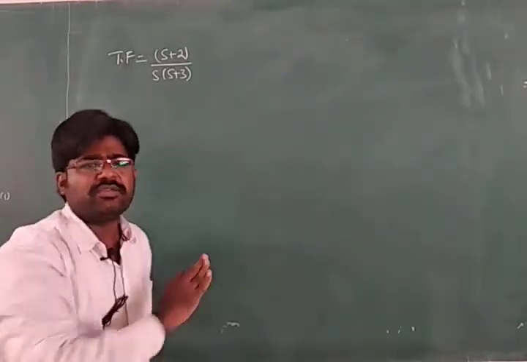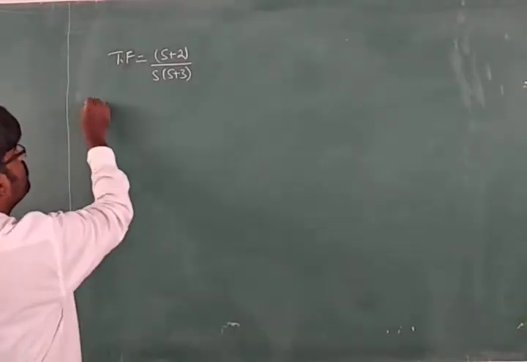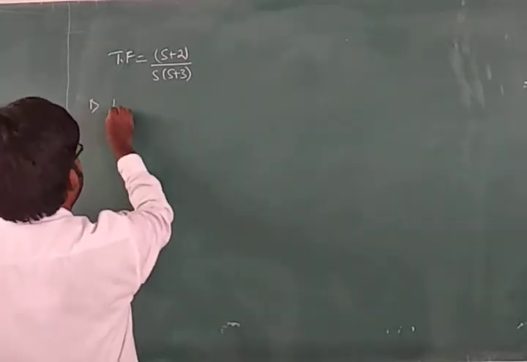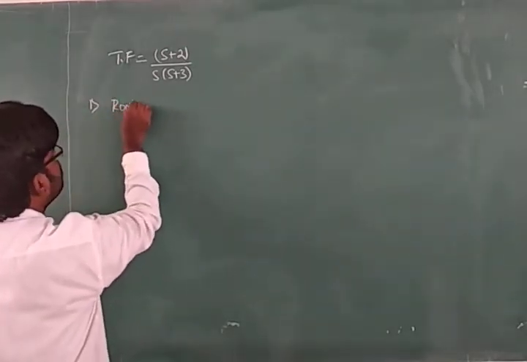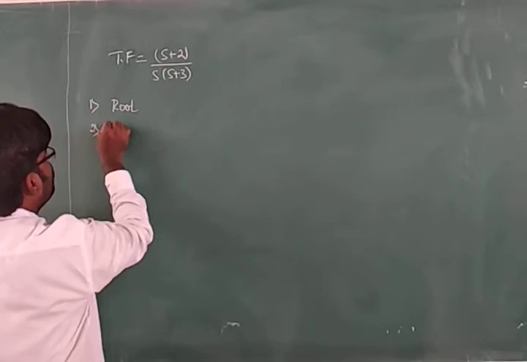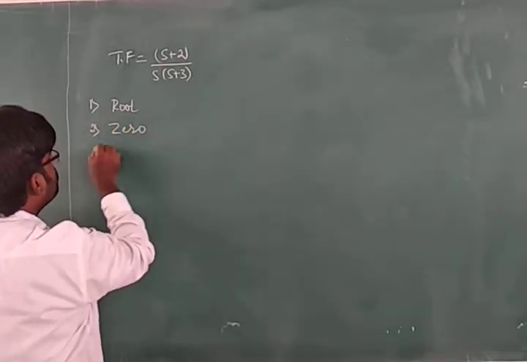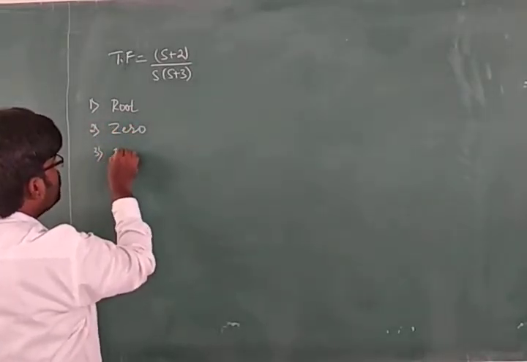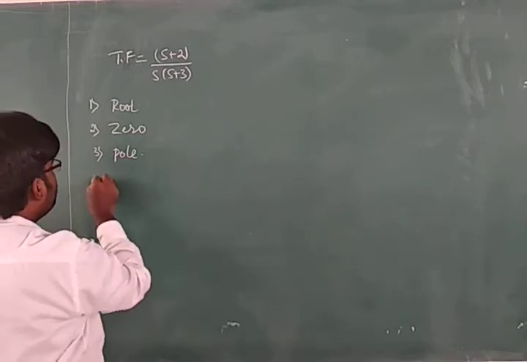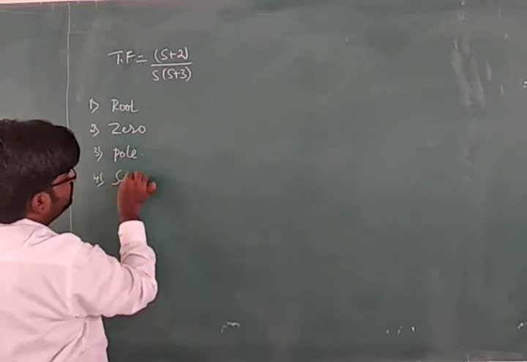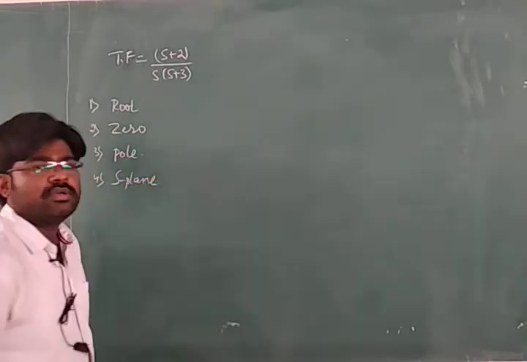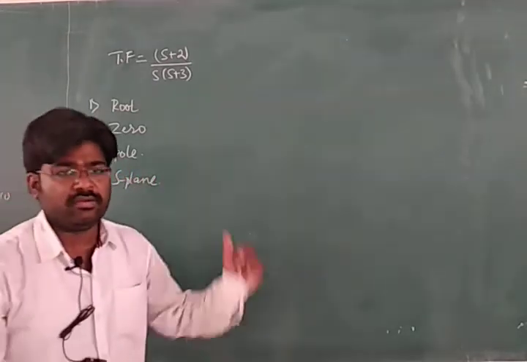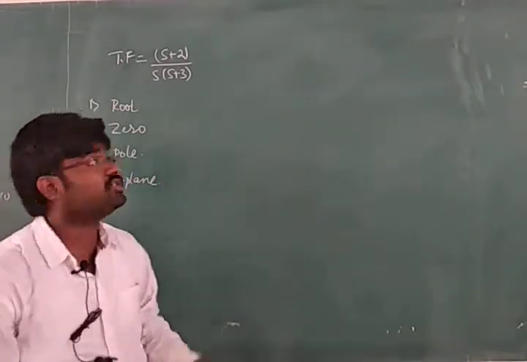With respect to this transfer function, we will define what is root, what is zero, what is pole, and then what is the S-plane. These four terms we will see with respect to this given transfer function.